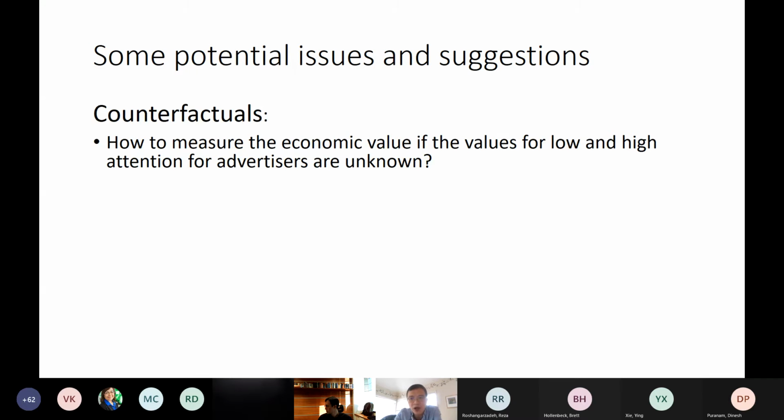Even sometimes when people are not watching the commercial, they may still be listening to it, right? That can also affect their awareness and their interests. So there can be some value. And so you probably need to think about what exactly your assumption is when you calculate the economic value.